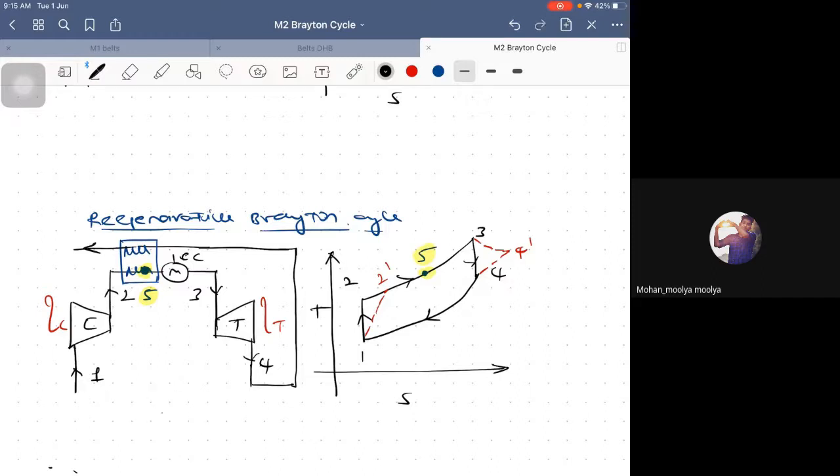So the output of the turbine is sent back to heat the incoming gas to the combustion chamber. So this is the only change that is there. Everything else was correct in what I have delivered. Is that clear?